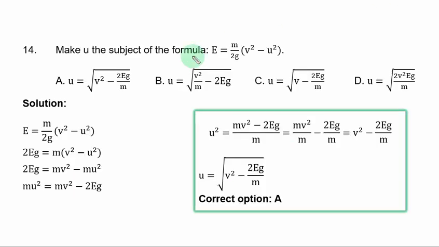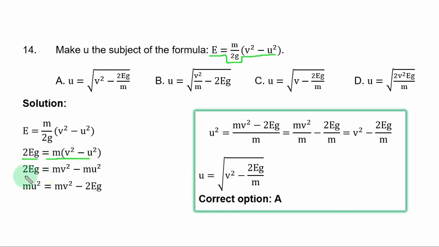Question 14. Make U the subject of the formula E equal to m over 2g bracket open v squared minus u squared bracket close. For us to make U the subject, first let's clear the fraction by using 2g to multiply through, and you have 2eg equal to m times v squared minus u squared in bracket.